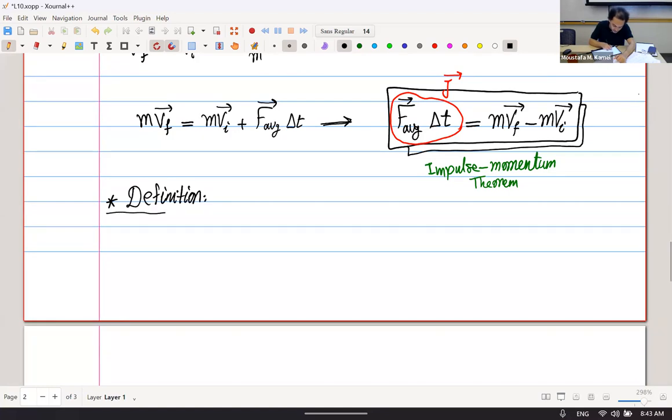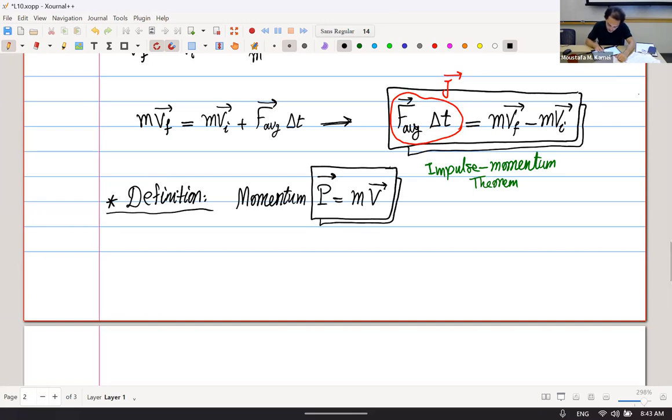So this quantity that appeared in the derivation, we define it as momentum and we give it the symbol P, small p for individual momentum. Or actually, let's just call it big P if this is a system. And this is defined as mass times velocity. This is also a very important equation. It's a definition.